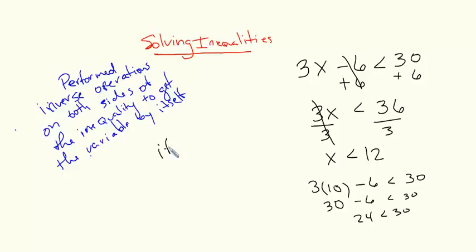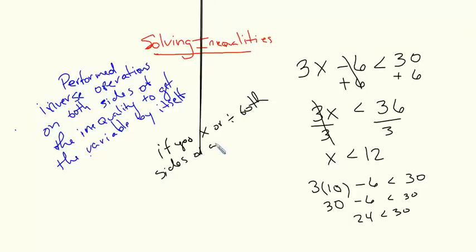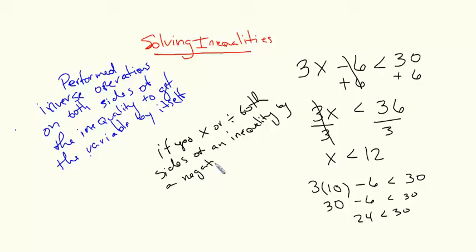So if you multiply or divide both sides of an inequality by a negative number, you must flip the sign.